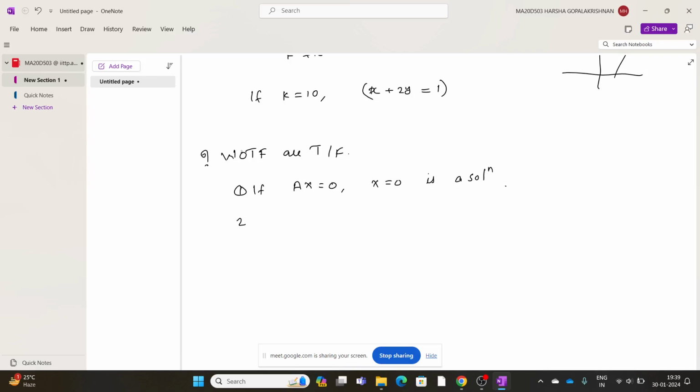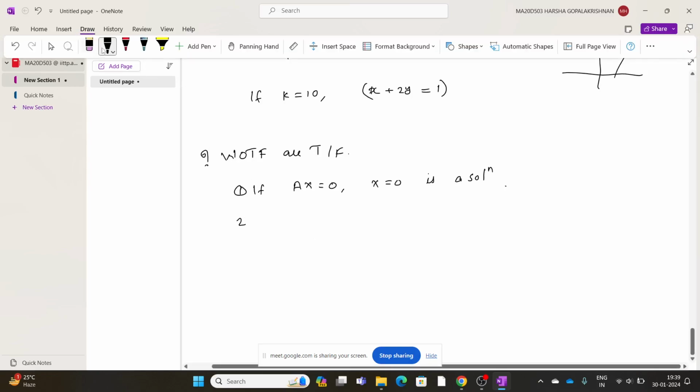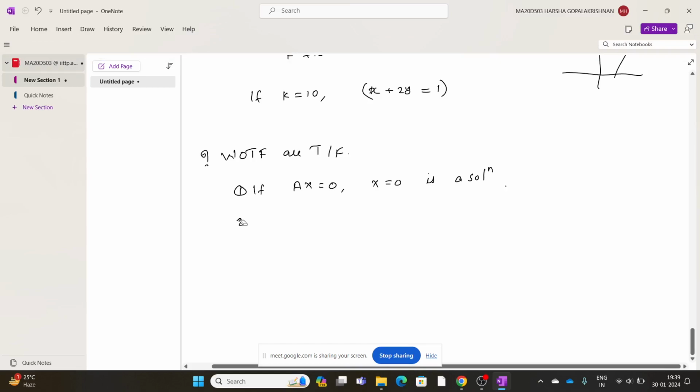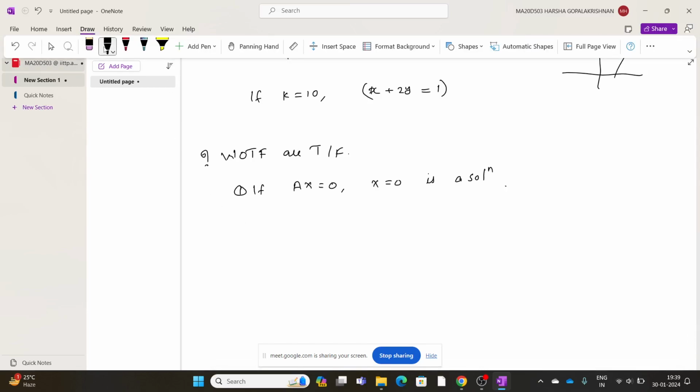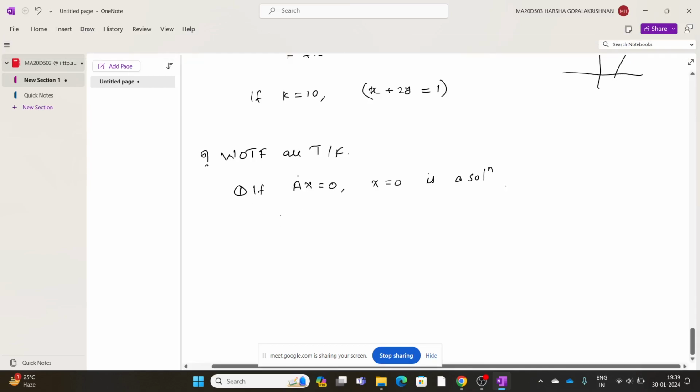What about this? Is this statement true or false? A system is given, matrix A into x equal to 0. The statement is x equal to 0 is a solution of this system. This is obviously true. If we substitute 0 here, this is satisfied. So it is true.